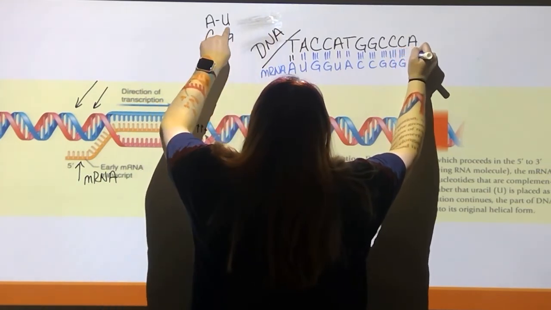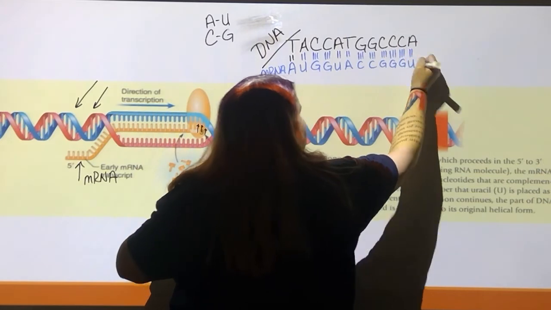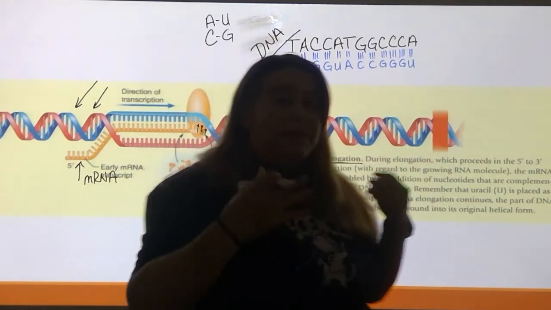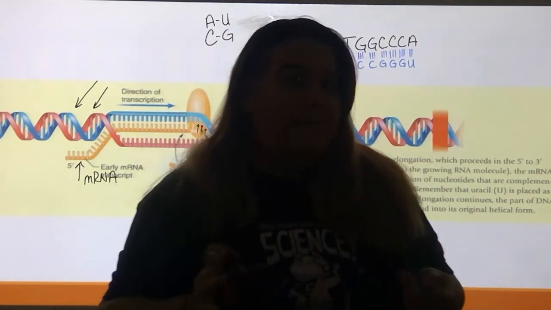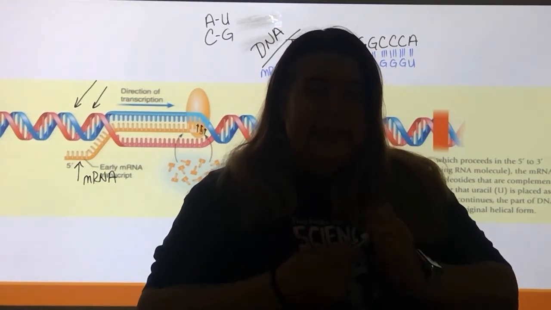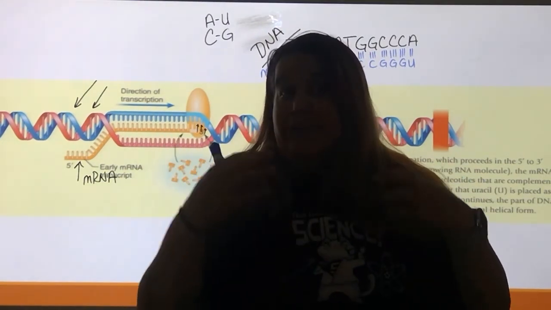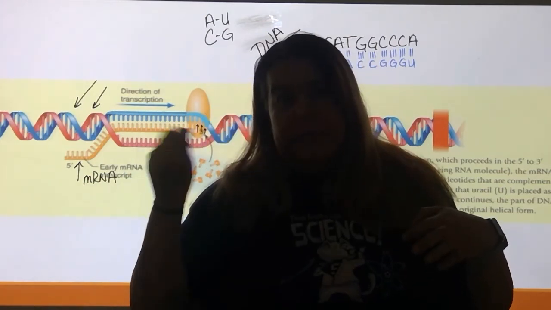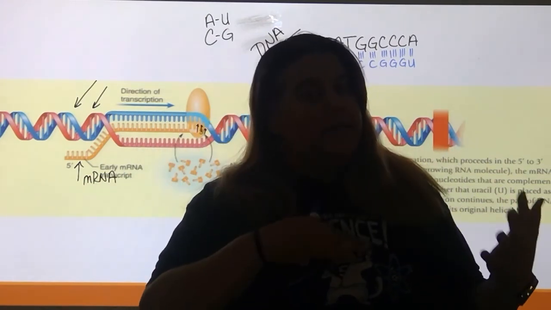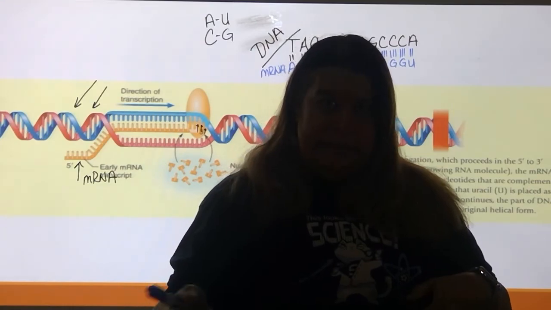Adenine has uracil. So the complementary pairing is still happening. The only difference is, if with a DNA sequence, I would normally put thymine, instead, I'm going to replace it with uracil because I'm not making DNA, I'm making RNA.